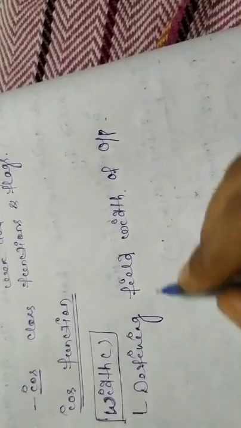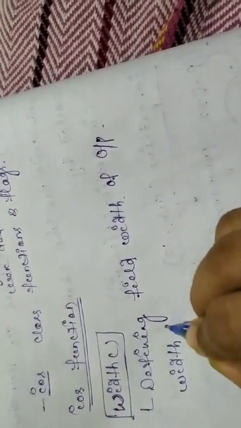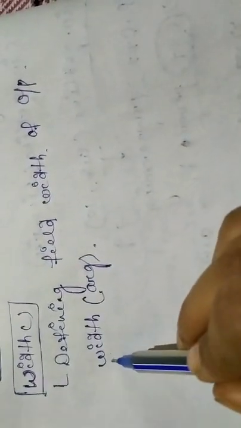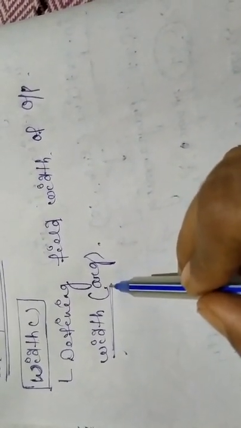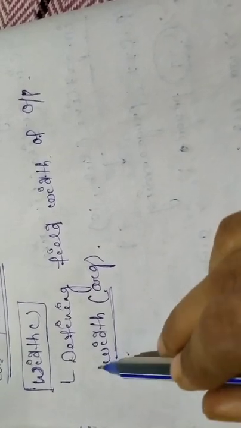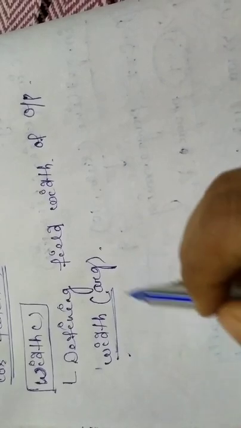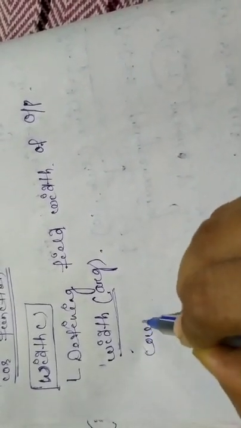So how can it be written? Like this, width, and in between there is an argument. It can be called by an object, because as it is a function, we have to use an object to invoke it. So what is the object? The object is our cout.